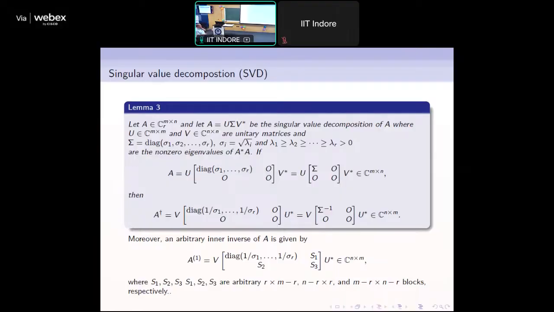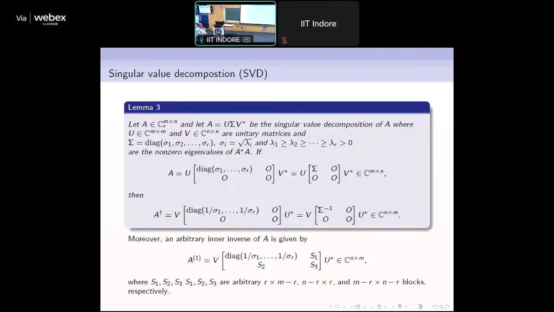One block is made of singular values on the main diagonal, and the other 3 blocks are zero blocks. In a shortened, more compact form, it is presented in this way. Of course, capital sigma means a diagonal matrix with singular values on the main diagonal.